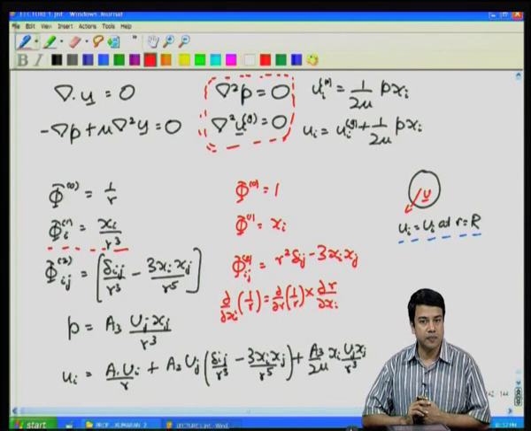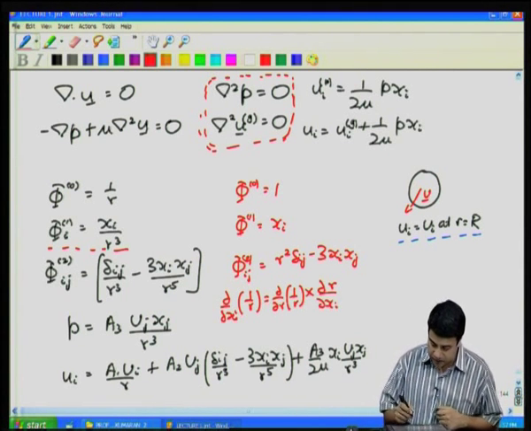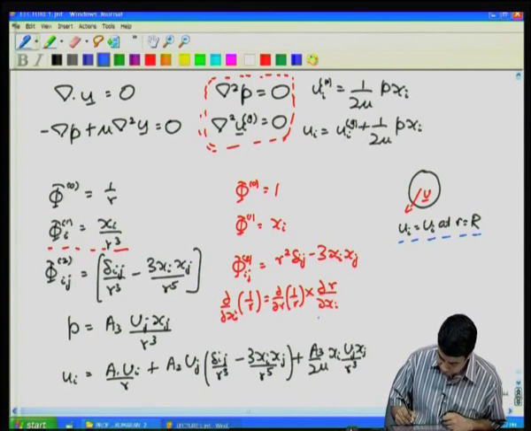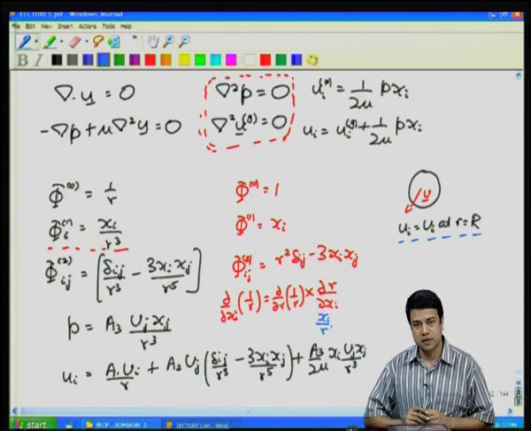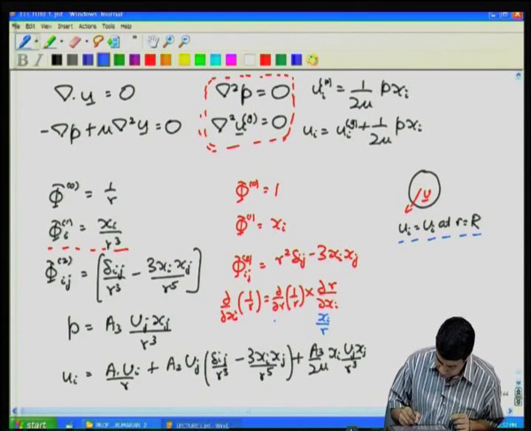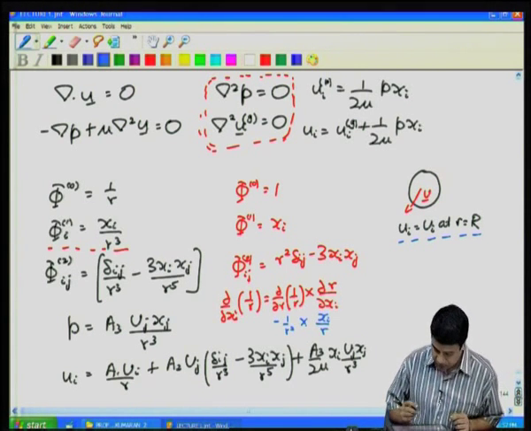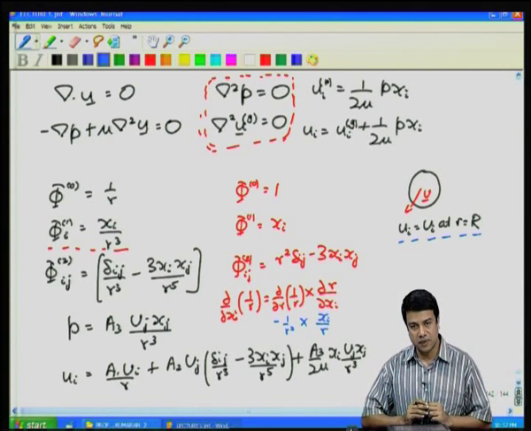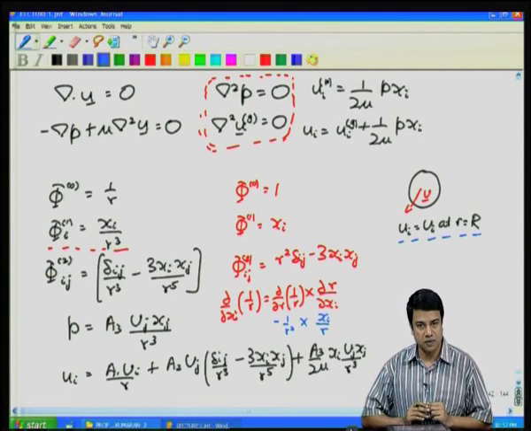Therefore, partial r by partial xi is just equal to xi by r. And partial by partial r of 1 over r is minus 1 over r squared. So, to within a multiplicative constant, the solution becomes xi by r cubed.